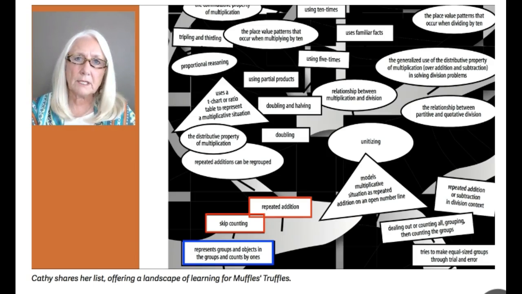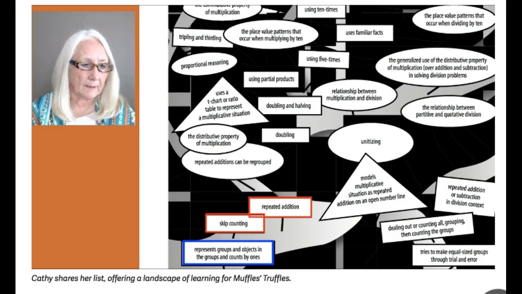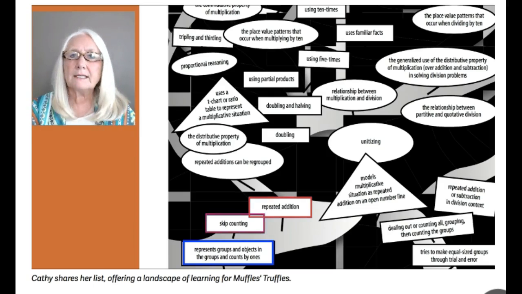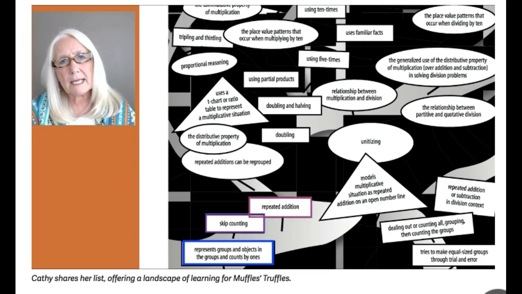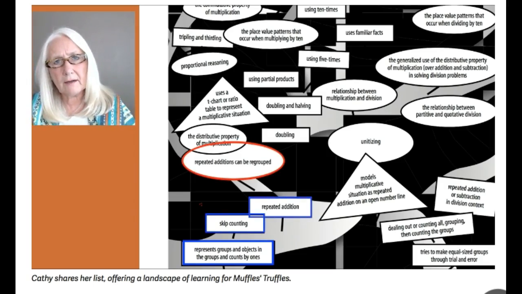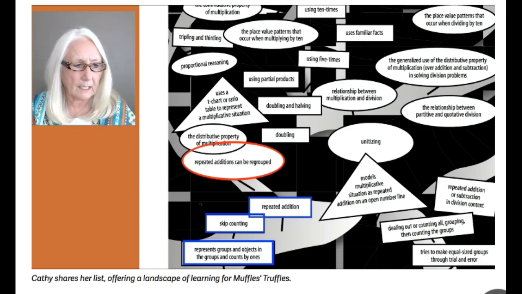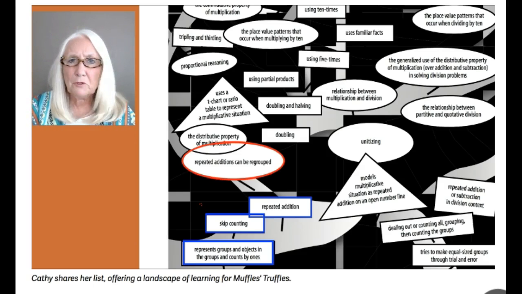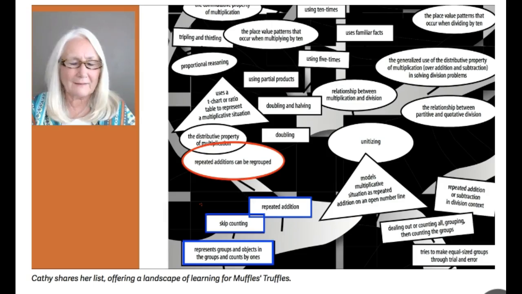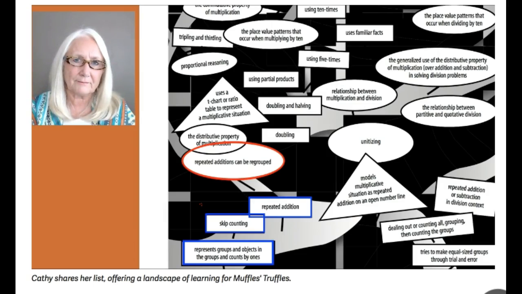You may also see children putting some of the repeated additions together, making groups together and counting larger groups. I like calling that groups can be regrouped, and that is a huge, big idea.